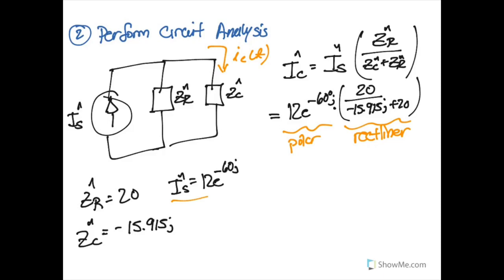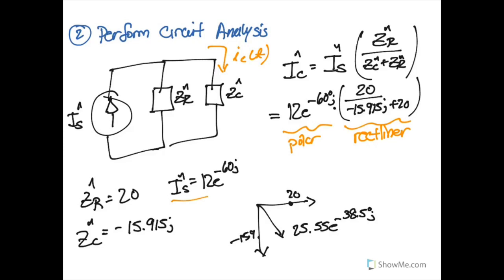And so this point here on the bottom, the 20 negative 15.9, this vector right here actually transforms to be 25.55 e to the negative 38.5 degrees j.